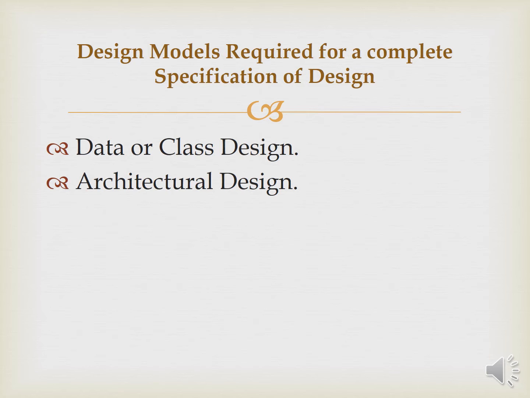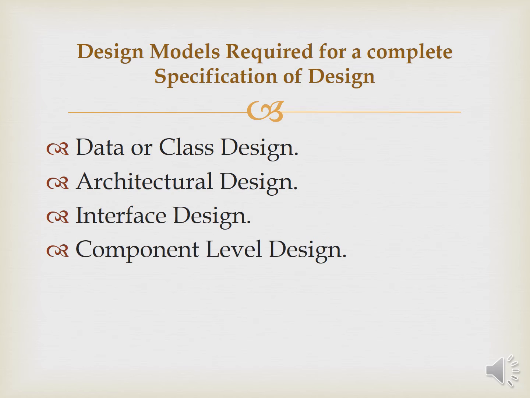Architecture styles and design patterns help to achieve the requirements defined for the system. Then the third one is the interface design. It describes how the software communicates with systems that interoperate with it and with humans that use it. Then the fourth one is the component level design.